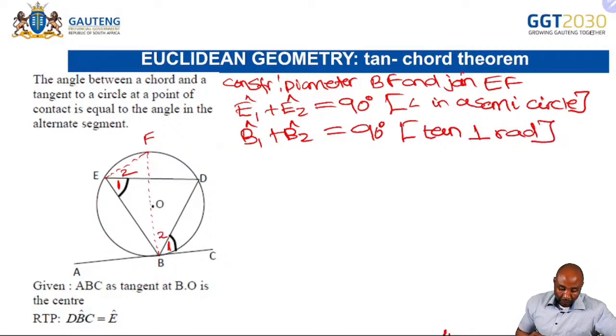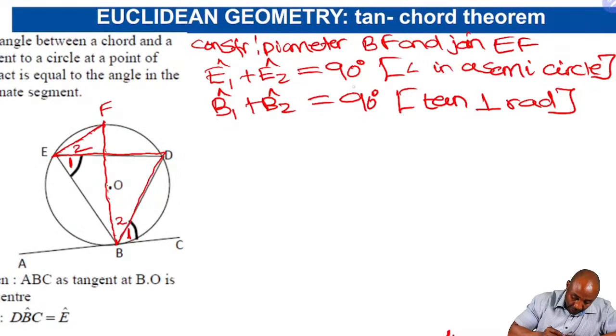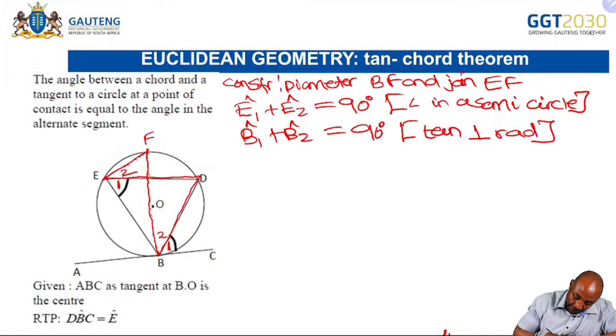Now, I hope you remember this theorem. I'm able to see that my angle B2 is equal to my angle E2.